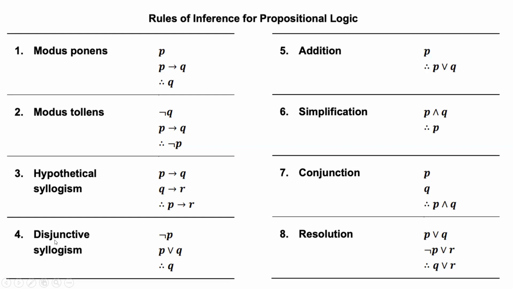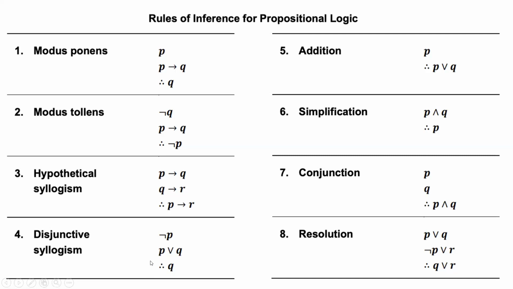Yung disjunctive syllogism naman po, halimbawa, P or Q. Hindi siya P, therefore Q. Halimbawa, ngayong araw na ito, let's say ang P is kakain sa labas, Q is exercise.